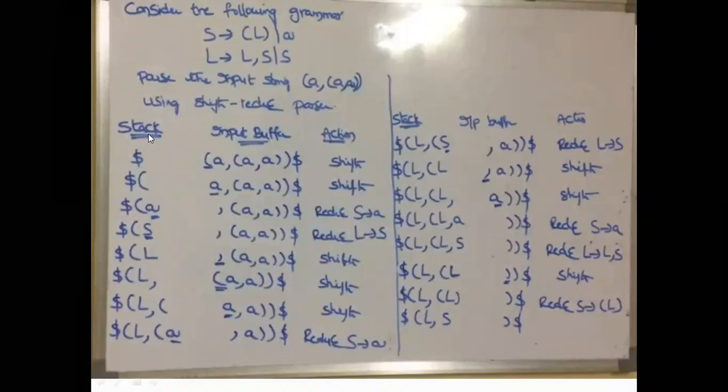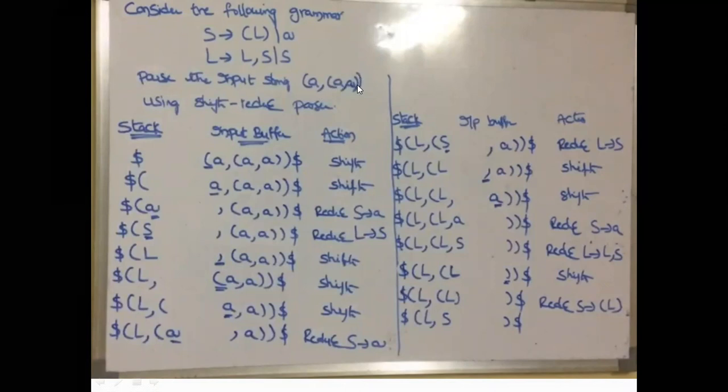In these three columns, we perform the shift reduce parsing by using the actions. So this is the given input string.